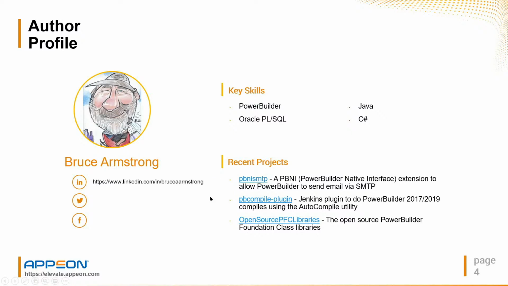And I'm involved in a few open source projects that might be of interest to PowerBuilder developers. One is the open source PFC libraries. I help maintain that. I wrote a utility called PBNI SMTP that uses the PowerBuilder native interface. So it's a C# DLL that acts as an extension to PowerBuilder and allows you to send email via SMTP. And then I've created a plugin for Jenkins.